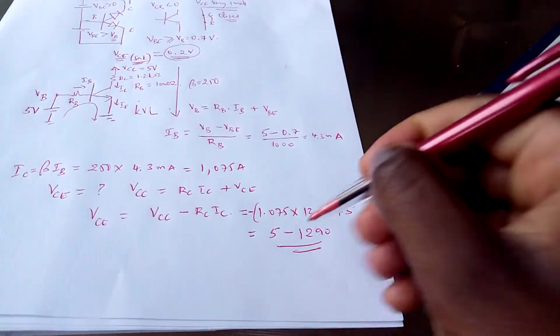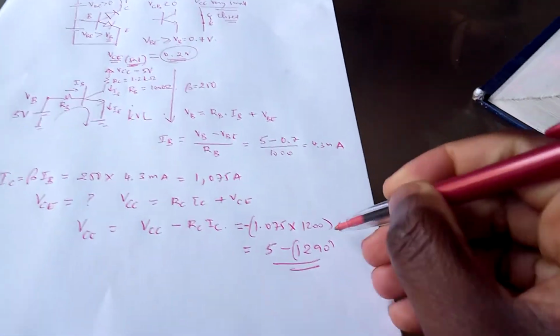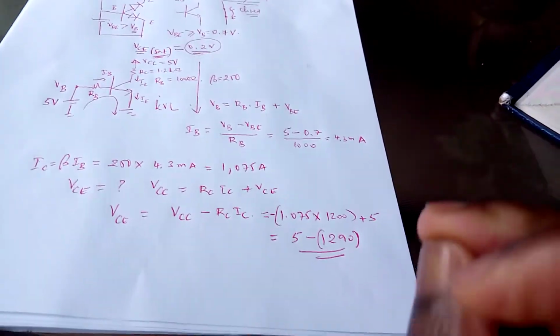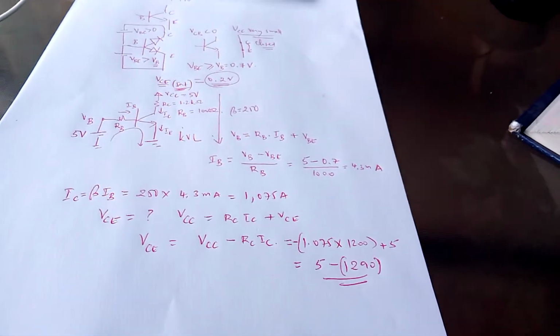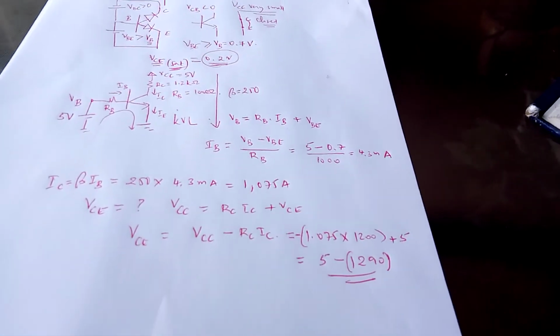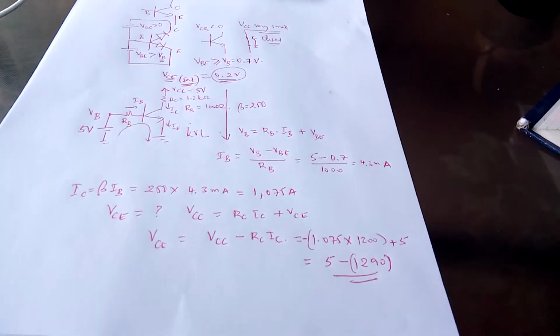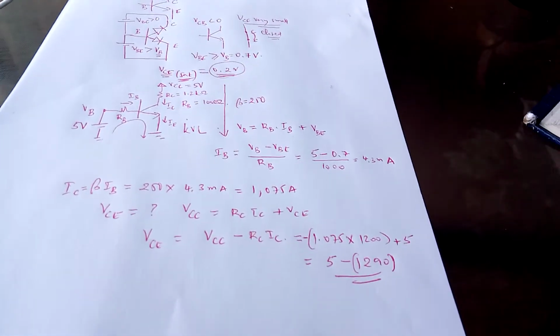As you can see, the drop across the RC with this assumption ends up becoming too high. And this is a way of detecting that this transistor has already reached the saturation region. So once one observes this, they should quickly realize that this transistor is no longer in active mode.